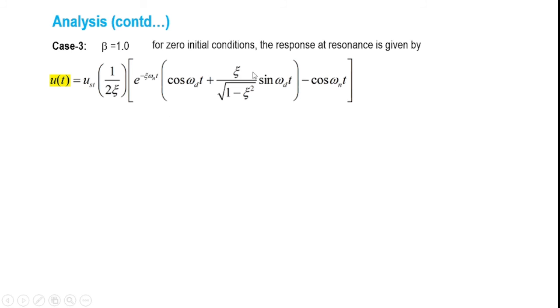So we will consider a zero initial condition, for which we can write down the total response u(t) as u_st into 1 divided by 2 zeta into e raised to minus zeta omega_n t into cos of omega_d t plus zeta divided by square root of 1 minus zeta square into sine of omega_d t, minus cos omega_n t. Remember that the first term is a transient component and the second term is a steady state component.